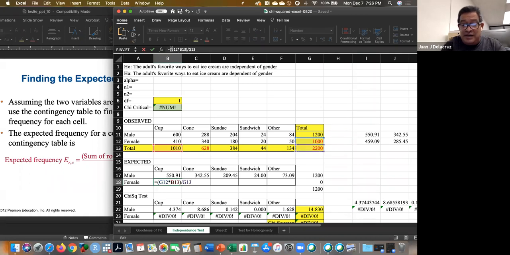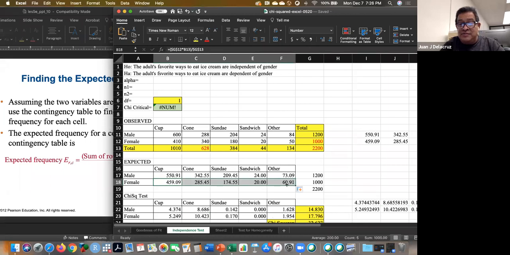So I'm going to put a $ sign. And this is always going to be the same. The sample size is going to be always the same. What is going to change here is going to be also the columns. So what I'm going to do is I build this formula and I just drag this to the left, right? So we built our expected.